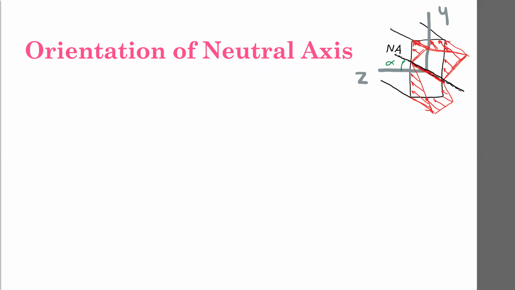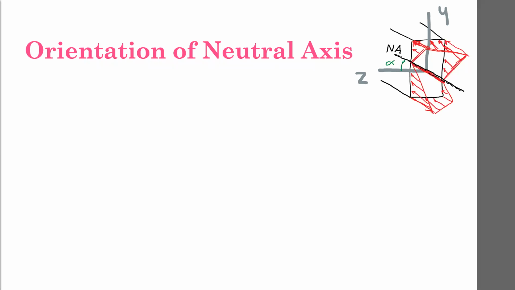Okay, so another thing we might want to be able to do is if we have this moment that's not about the y-axis and it's not about the z-axis, it's about some arbitrary axis located at an angle theta from the z-axis, we might want to know where is our neutral axis, right? Because the neutral axis will no longer be parallel to either of those two principal axes. It's going to be at some incline that we call alpha.